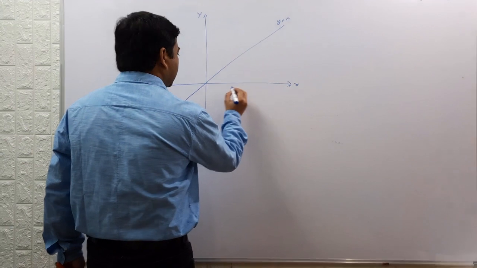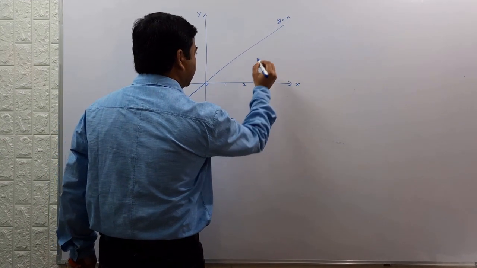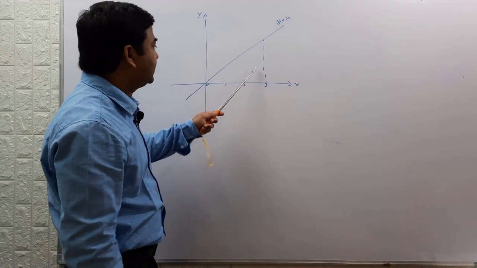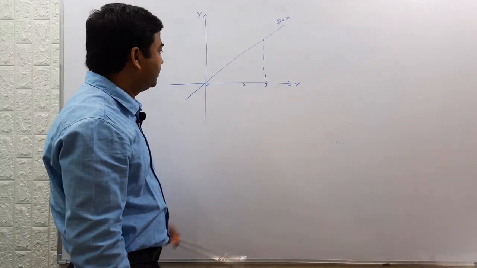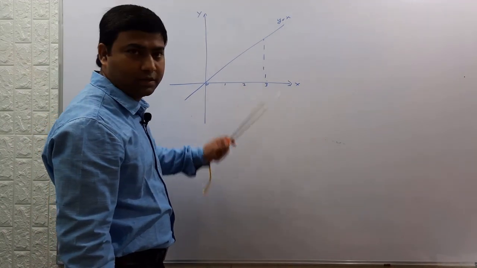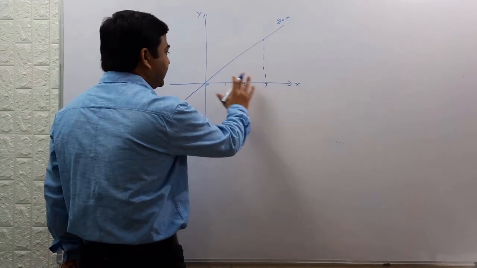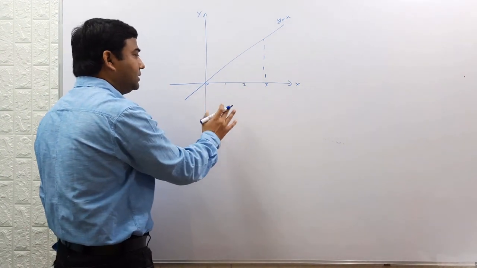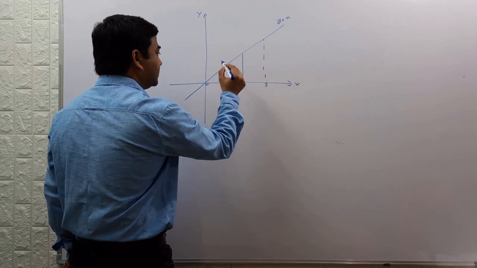So it is 0, 1, 2, 3. We are interested to find the area of this triangle. So let us divide by the method of exhaustion. Let us divide the area of this triangle into small rectangles.